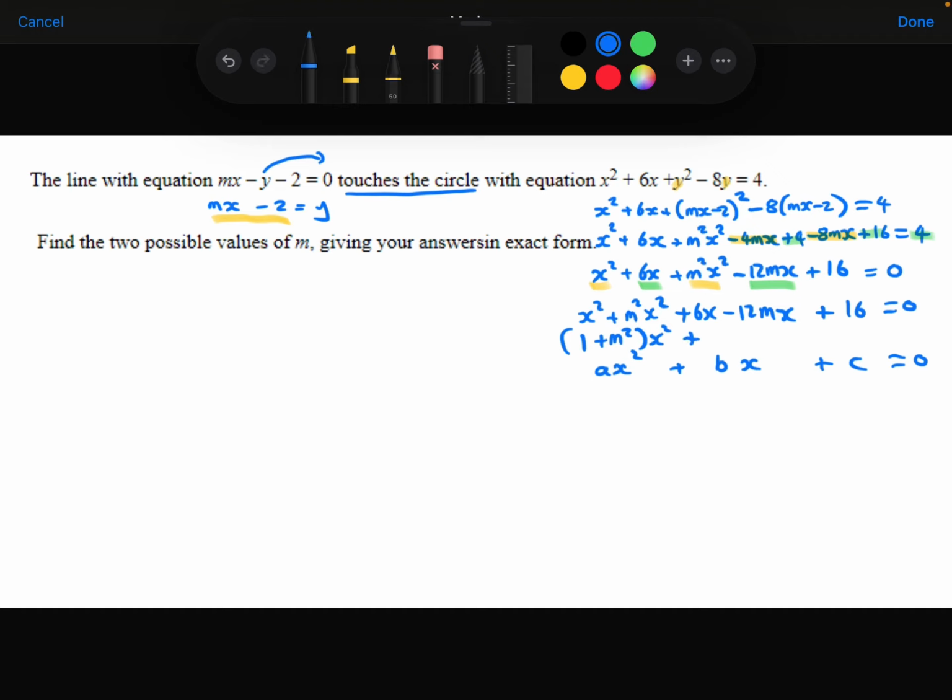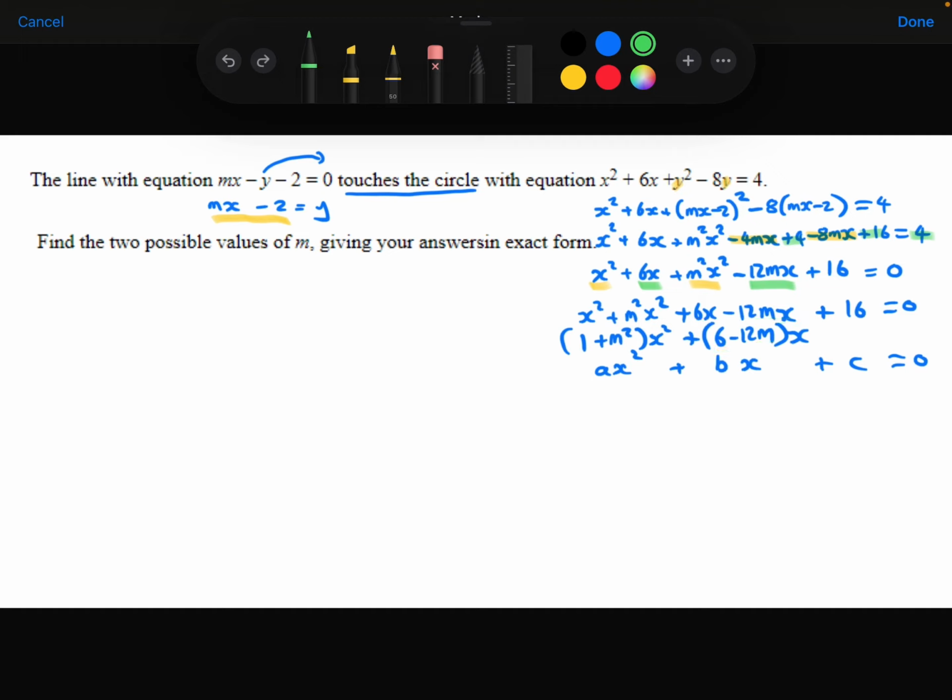We're going to do a similar thing with the x terms. I want to factorise this x outside so it's by itself. So factorising an x outside will leave me with a 6 minus 12m in the brackets, because the 6 times the x is the 6x. The minus 12m times the x is the minus 12mx.